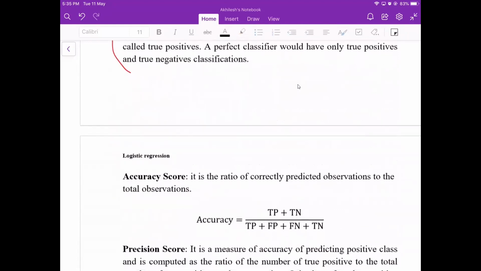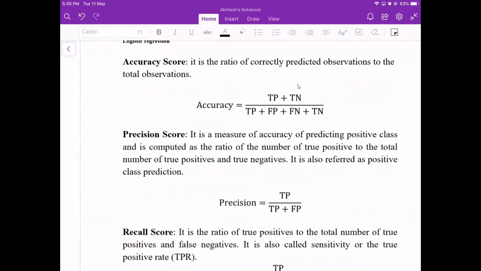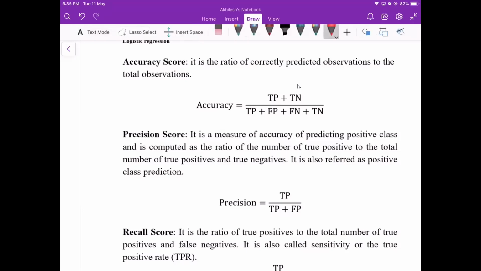Okay, so there are some other important metrics that we need to know or compute to judge the performance of the model. The first one is the accuracy score.